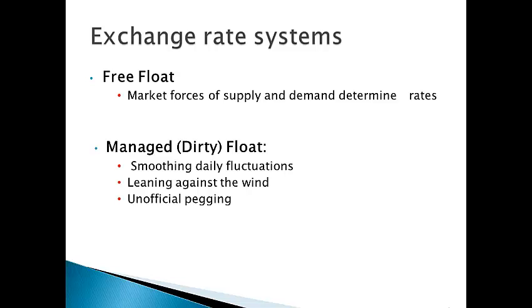Then there's leaning against the wind, which involves a little bit more intervention, and this is done to prevent or moderate short or medium term fluctuations caused by shocks like changes in oil prices, natural disasters, wars, those kinds of things. So this would be a little bit more of an intervention, where you're not really letting an exchange rate settle to where it should be based on supply and demand as quickly as you would expect.